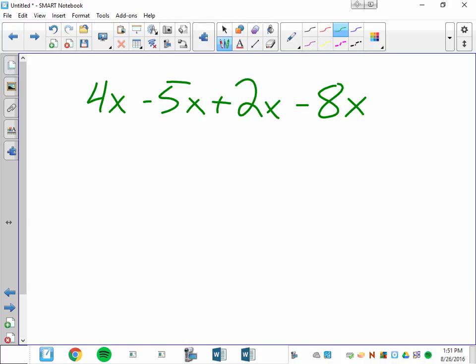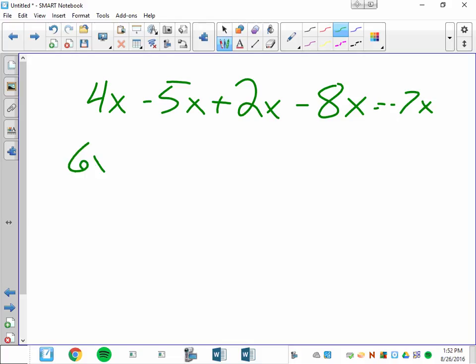There are 4 terms, and they all have the same variable and the same exponents. So 4 minus 5 is negative 1, plus 2 is 1, minus 8 is negative 7. Negative 7x. Why isn't it negative 7x squared, or x to the 4th? We're not multiplying. Adding changes the multiplication. Multiplication changes the exponents. So in order to add, the exponents already have to be the same, and they don't change.